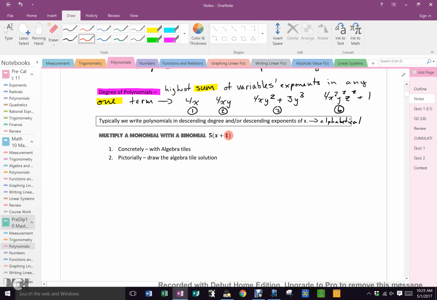What does this mean in English? 5 groups of what? Of x plus 1, yes? So if I drew x plus 1, x plus 1, how many times would I need to draw? 5. 1, 2, 3, 4, 5.